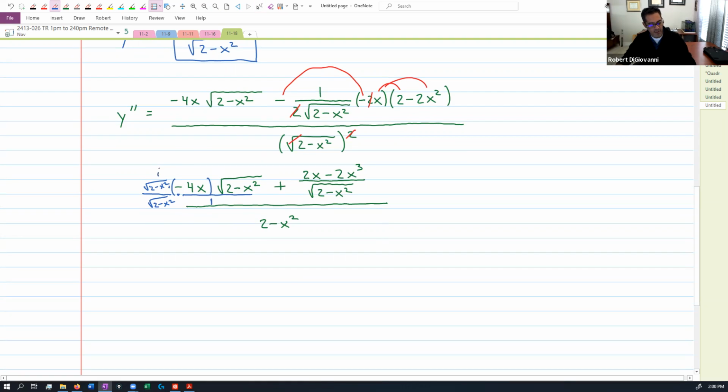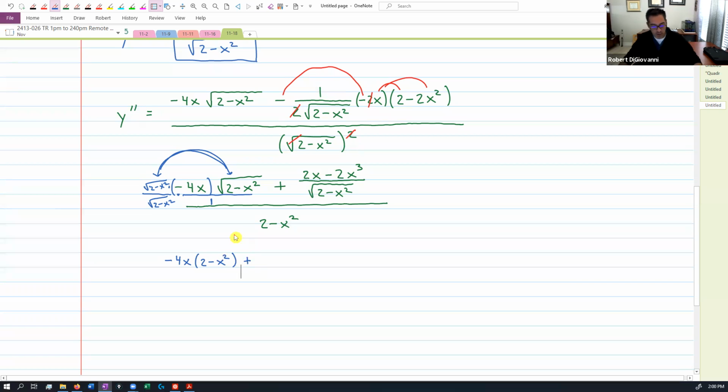So when I do that, I'm going to multiply those two roots together, which will make the roots go away. And so I'll have the -4x. Those two together give me, in parentheses, 2 minus x squared.